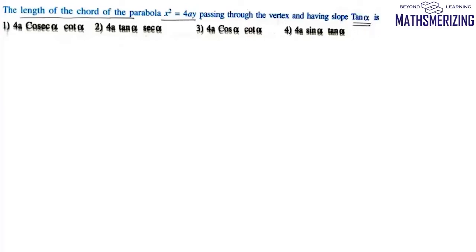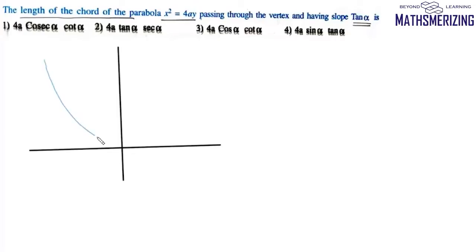So we have this curve, which is x square equals 4ay, and then we have this chord which passes through the vertex and has slope tan alpha.